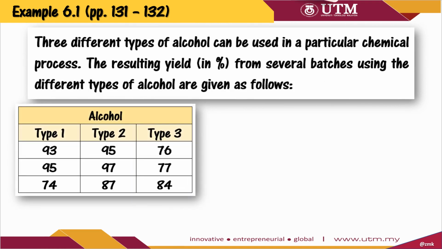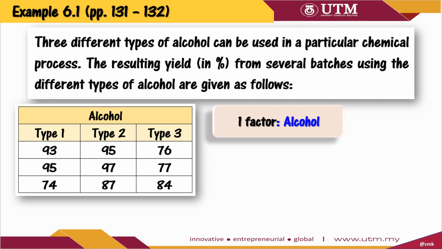Here, the one single factor is the alcohol, and the levels or treatments refer to the different types of alcohol. Since we have 3 different types of alcohol in this example, then K is equal to 3.